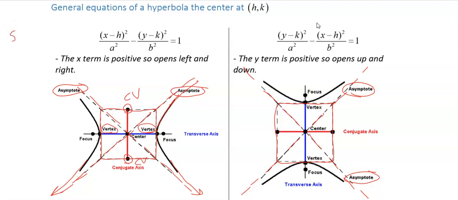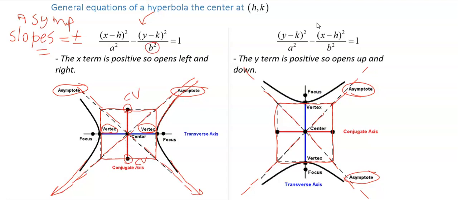Now, watch what I'm going to put over here. The slopes of the two asymptotes, if your equation looks like this, if it opens to the left and to the right, then the slopes are equal to, now you know it's always plus and minus, because one is going up to the left and the other is going up to the right always. Look at what's under your y squared right here.